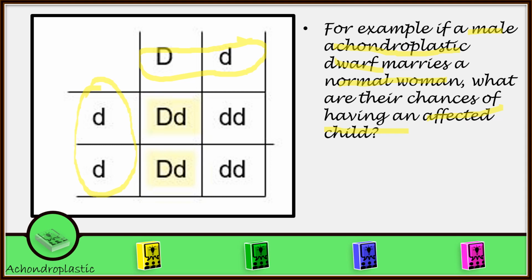So when we cross, we get their offspring. Two of them will be capital D, small d, meaning that they will be achondroplastic dwarfs, and the other two will be small d, small d, meaning that they are normal. So the chance of having an affected child is a half, which is 50%.